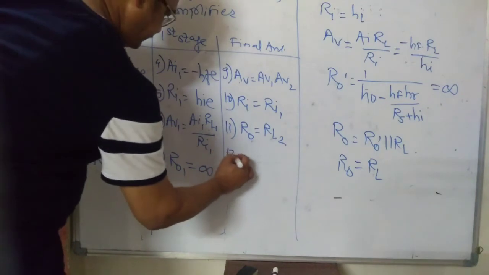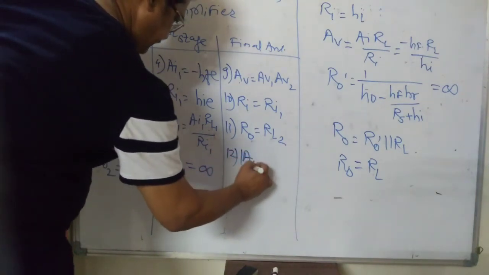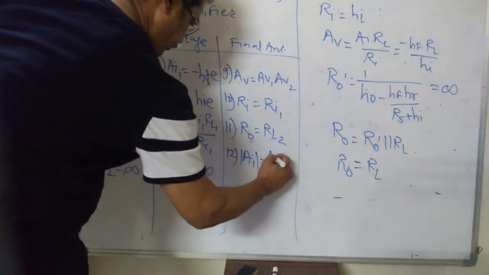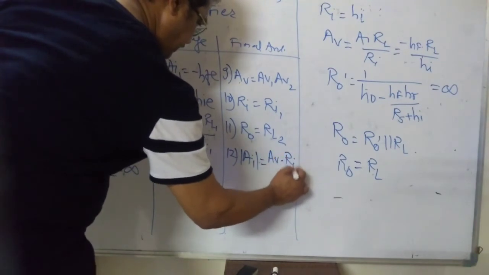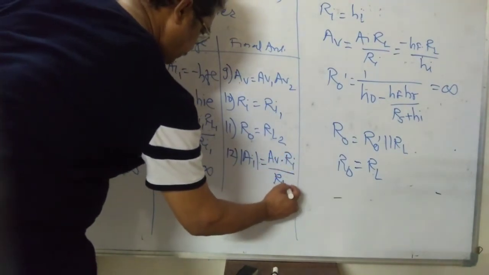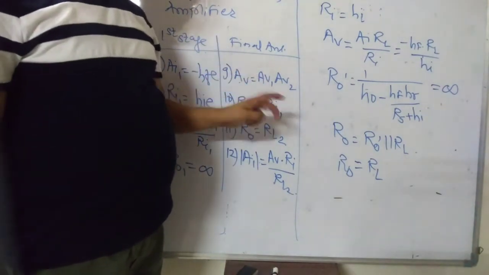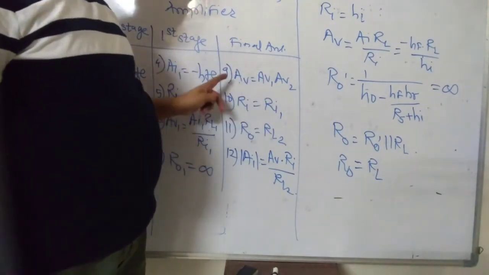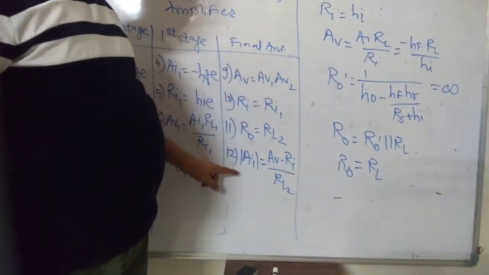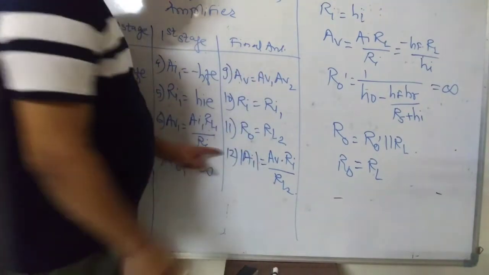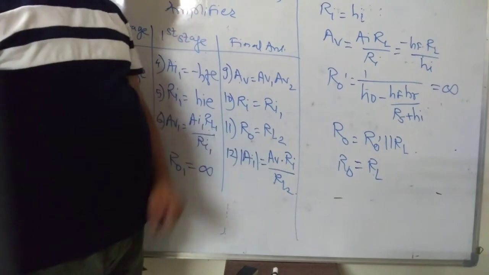Then number 12, AI is AV into RI upon RL2. Mind you, AV is AV1 into AV2, but AI is not AI1 into AI2. So AI is AV into RI upon RL.